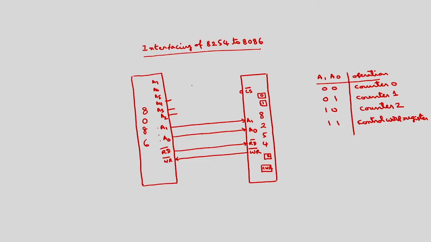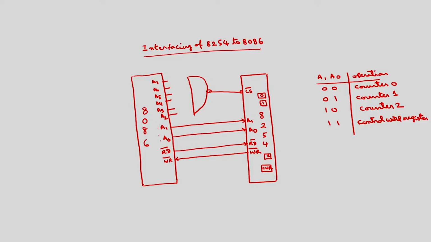If I connect these through a NAND gate, and connect its output to the chip select bar, now if I connect A7 to A2 directly to the inputs of the NAND gate, then the addresses of counter 0, counter 1, counter 2 and control register will be FC, FD, FE, FFH, which is similar to the 8255 addressing.